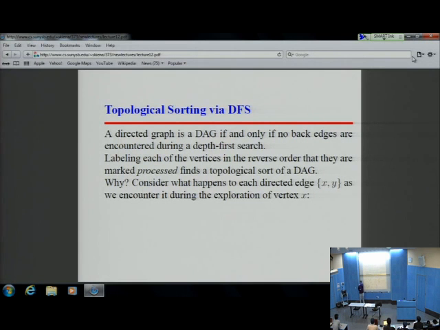Does that make sense? So it's going to be the sum of all the degrees of each vertex. And the sum of all the degrees of each vertex is in fact the number of edges. So instead of counting it by the number of times through the loop times the biggest amount of time, I want to just count the total number of things I'm doing, which is more accurately counted by the number of edges.